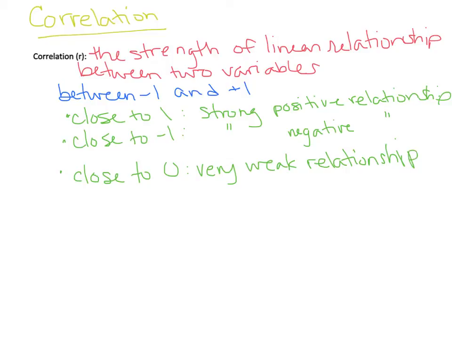And one important thing that you're going to hear, if you're taking psychology, you'll probably hear this a lot too, but you'll also hear it in this class. Important thing is that correlation does not equal causation.